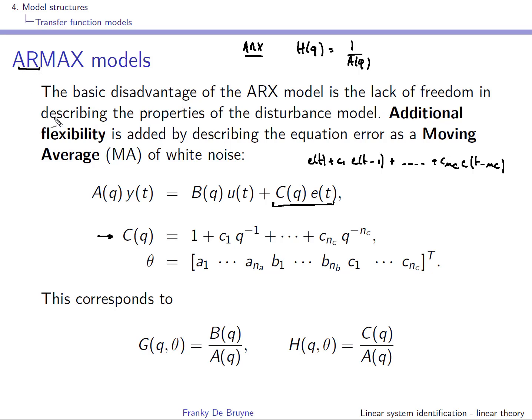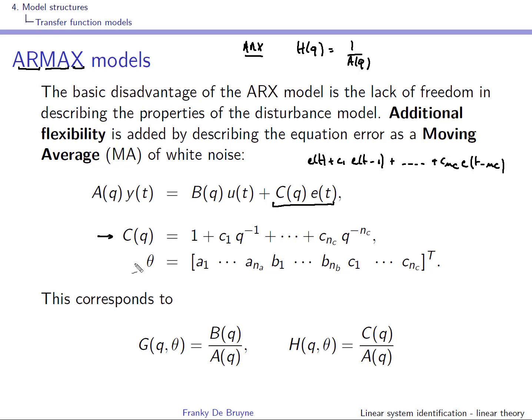AR comes from the autoregressive part, remember, the X comes from this exogenous part, and now you have a moving average on the white noise. So the advantage will be to have additional freedom in describing the disturbance model, but we'll see later that there is also a major disadvantage that we'll tackle later.